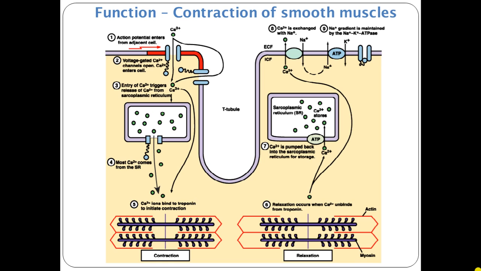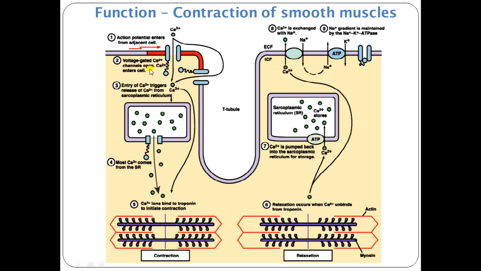Now we see the functions of calcium in a little bit more detail. First function is contraction of the smooth muscles. This is the diagram showing the smooth muscle. Here you can see that an action potential enters from the adjacent cell, and the action potential will open the calcium channel which is located on the smooth muscles.